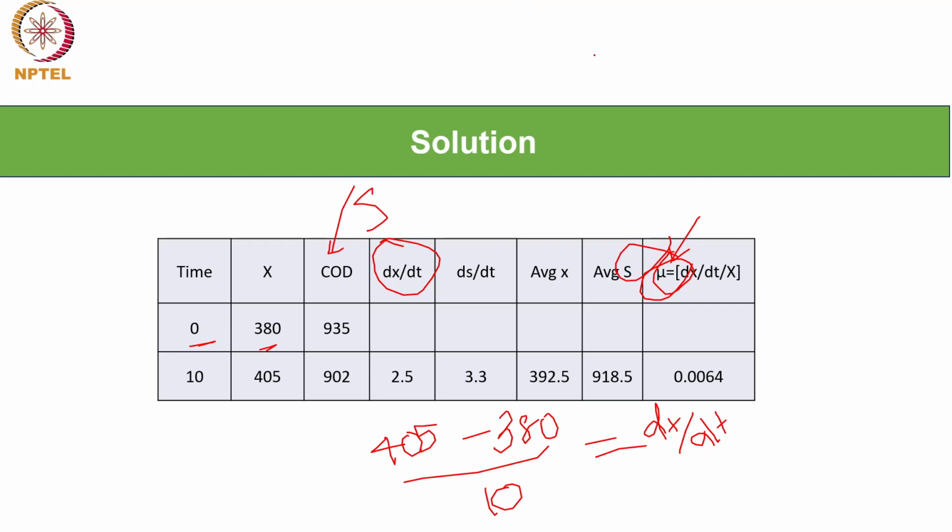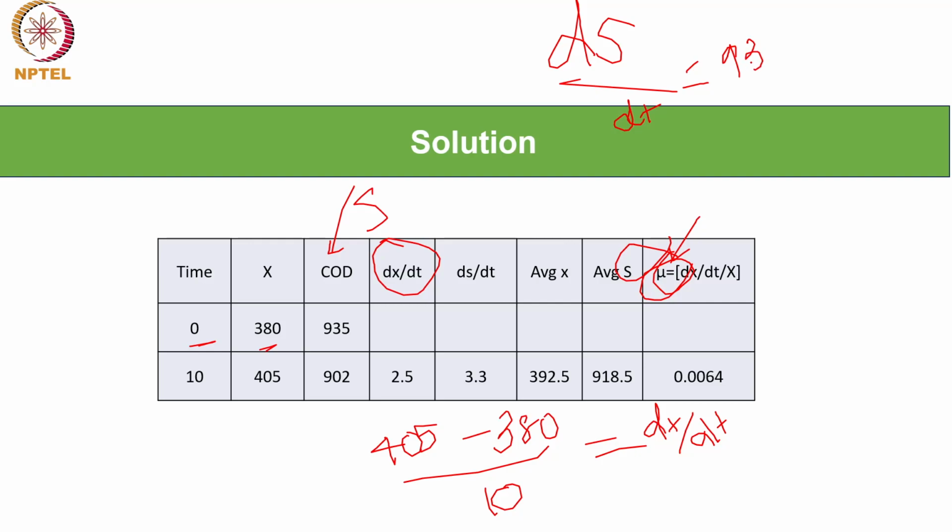Your ds by dt will be change in substrate concentration divided by change in time.